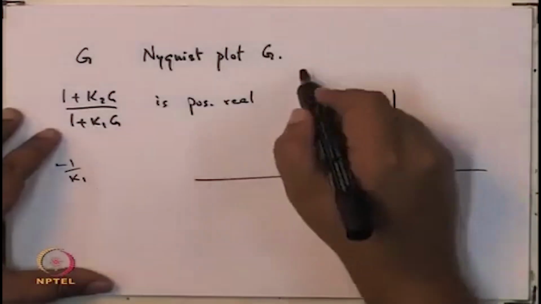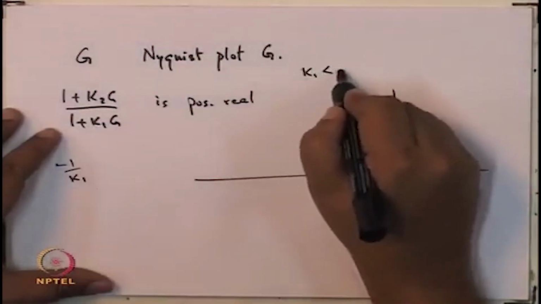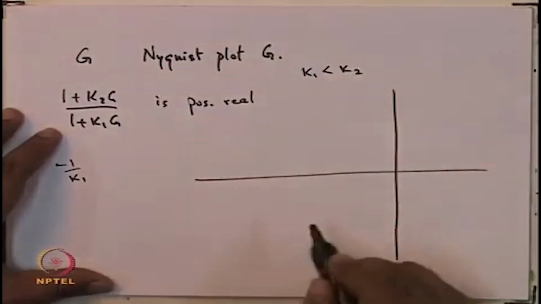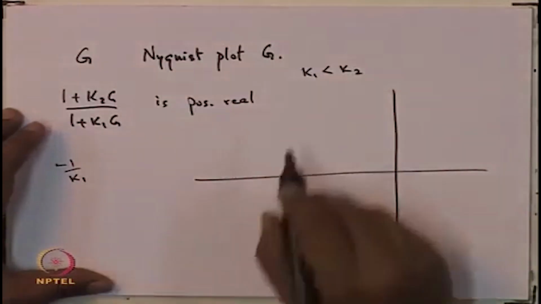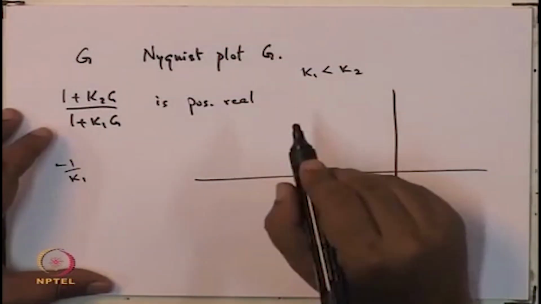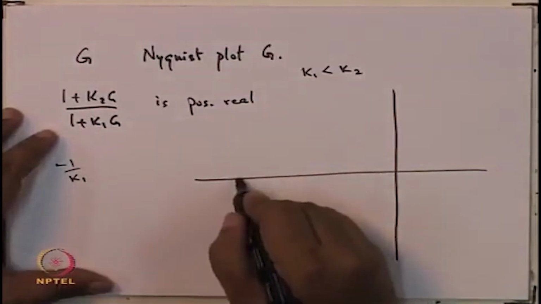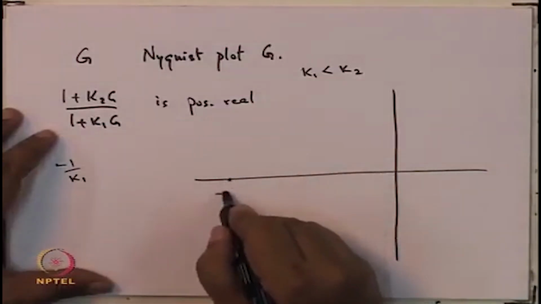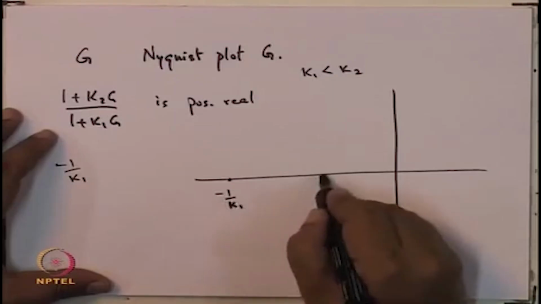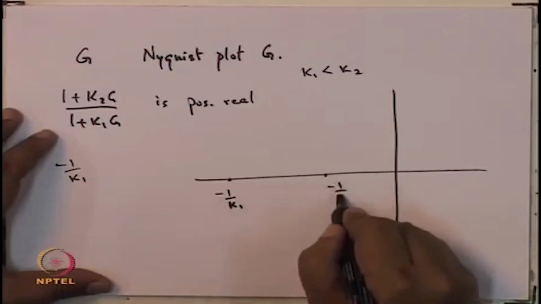So, of course, K1 is less than K2, and since K1 is less than K2, therefore, minus 1 by K1, let us say, is this point, and minus 1 by K2 is this point.